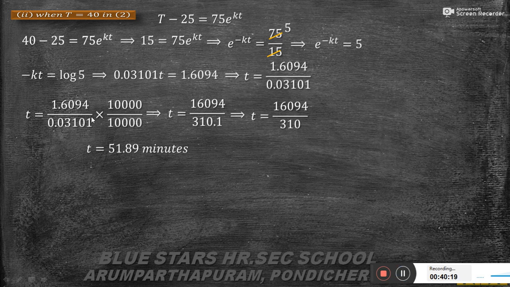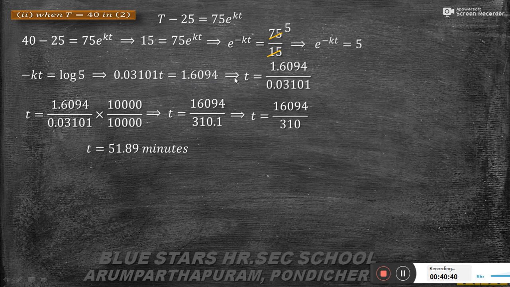Already we found the k value, 0.03101. So 0.03101 t equal to log 5, whose value is 1.6094.